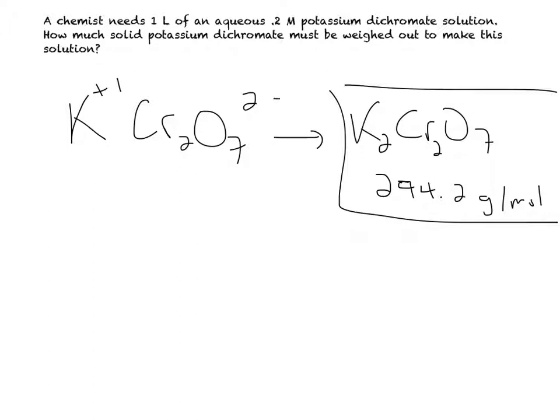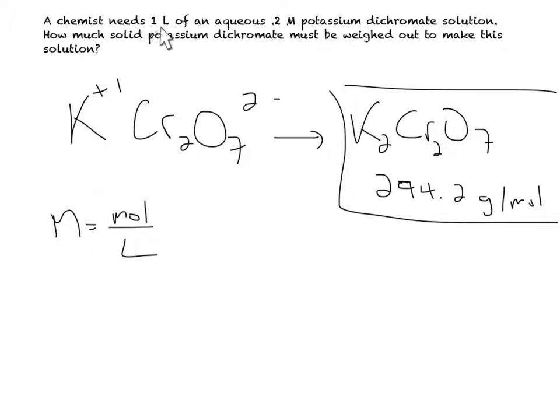We need 1 liter of an aqueous 0.2 molar solution. So we need to figure out how many moles of potassium dichromate we need. We know that the relationship is molarity, M, equals moles over liters. We want to find how many moles of potassium dichromate we need to make this solution.